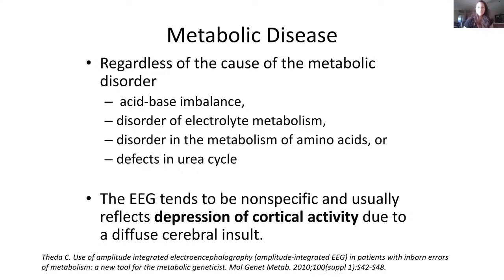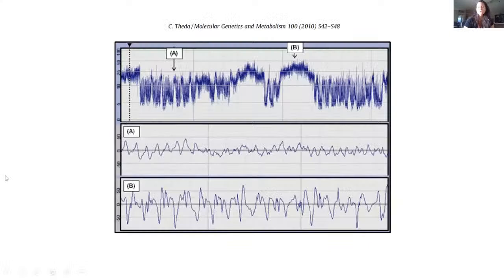So if you think about these metabolic babies as they present, if they're undiagnosed or late diagnosis in that first week of life, they begin to come in and they're just floppy and they're encephalopathic and they're almost always just really that low activity. So this depression of cortical activity goes along perfectly with that. So the other thing that these babies oftentimes have that we know are seizures.